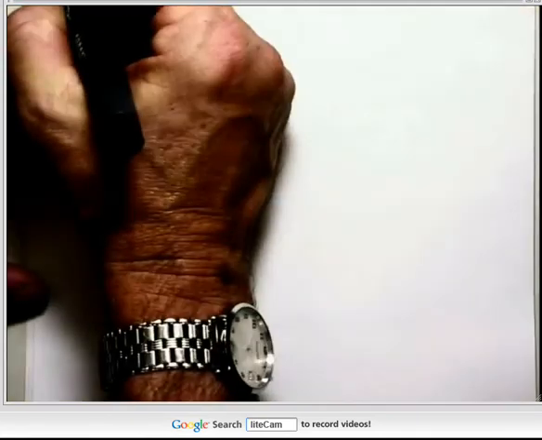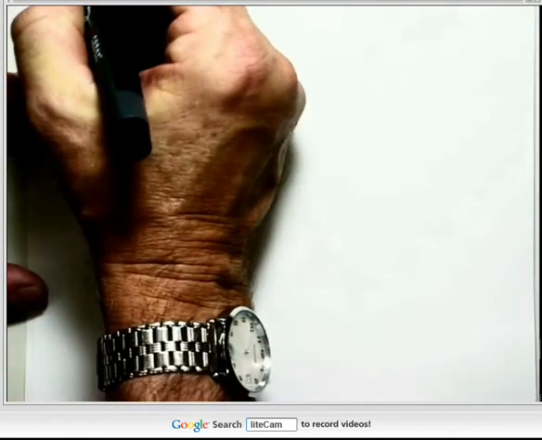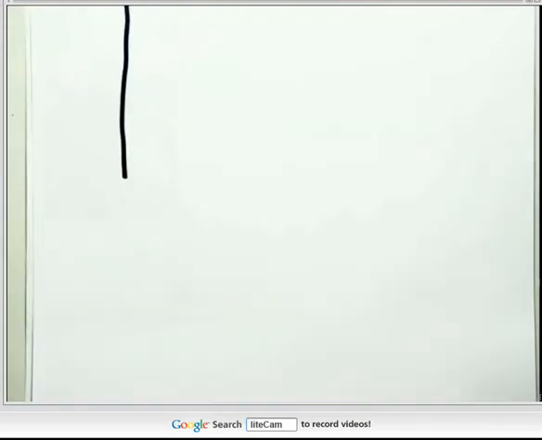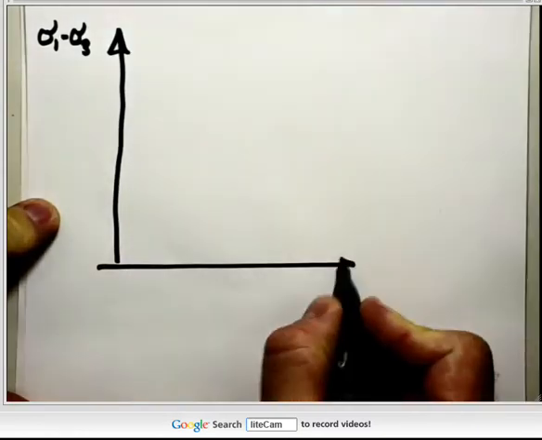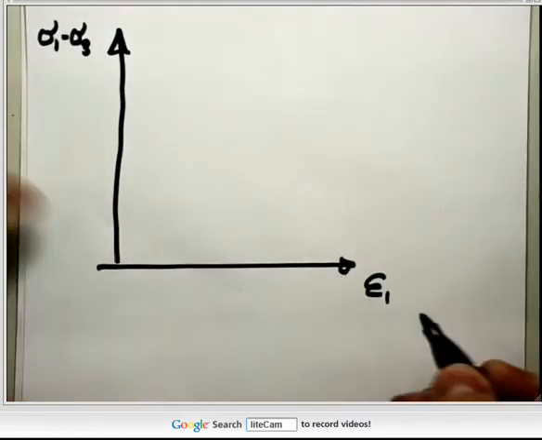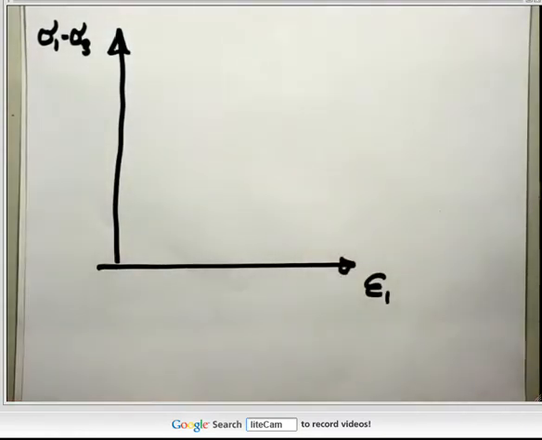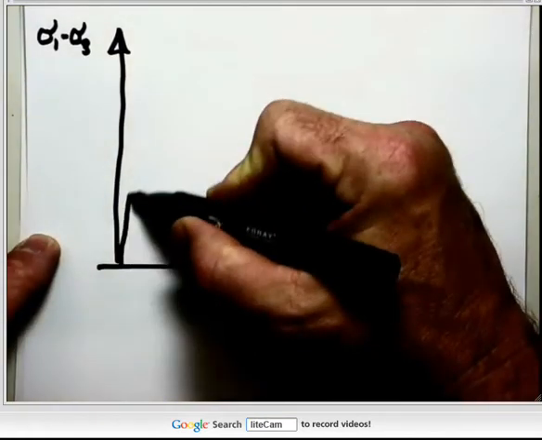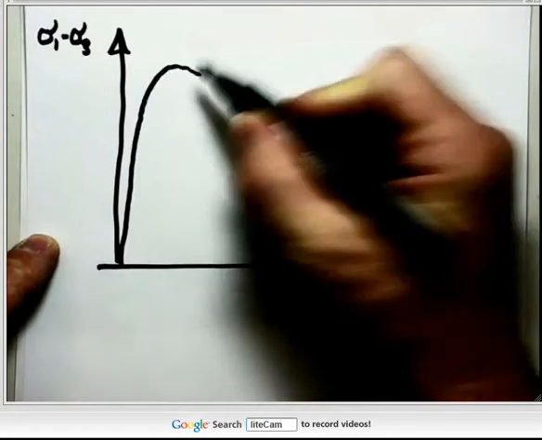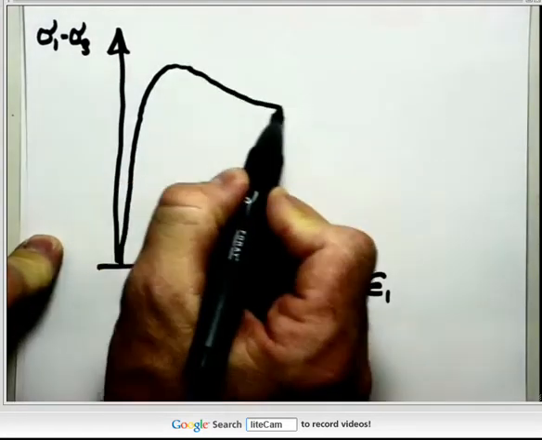So we're going to plot sigma 1 minus sigma 3, the diameter of the Mohr circle, and we plot it against, usually, axial strain in our test. And real soil behaviour we saw last time looks something like so.